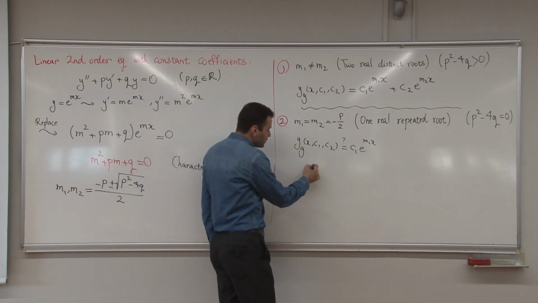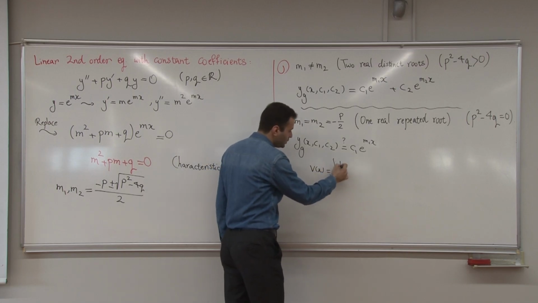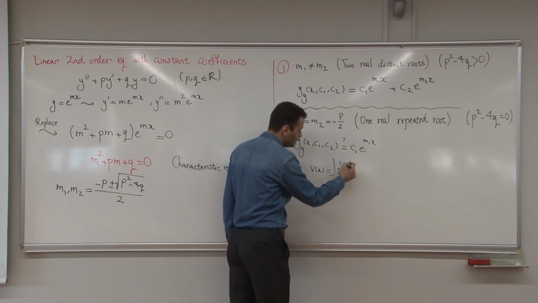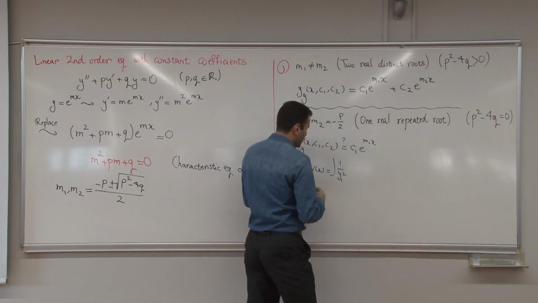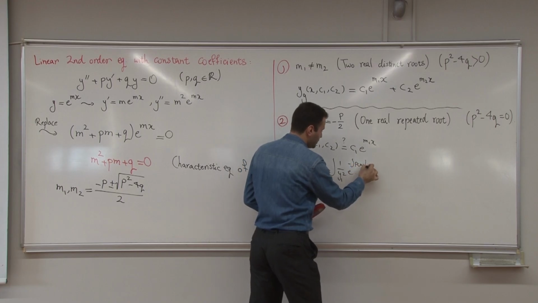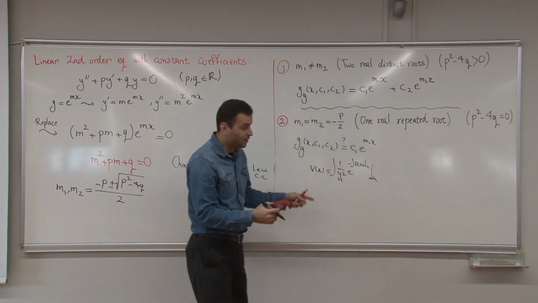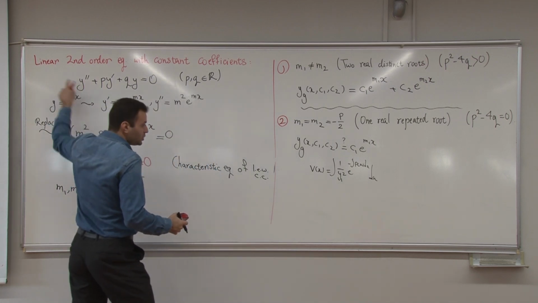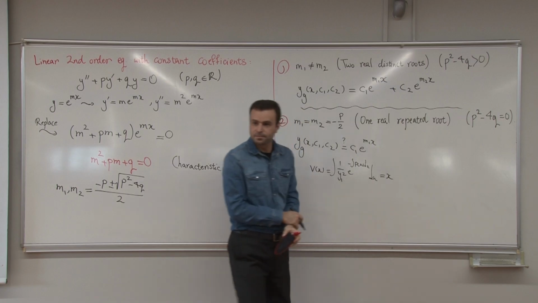We use that v, which we calculated by the formula, this one, 1 over y1 squared times e to the power of minus px, dx. And for this case, when we have this equation, this v of x is going to be equal to x.